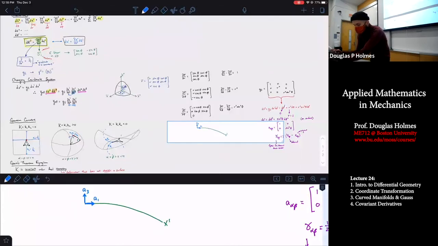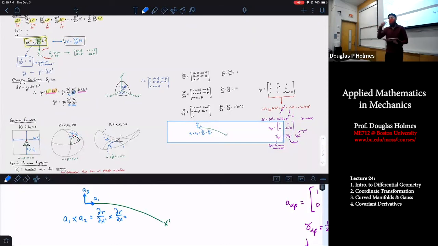And what we need to do to calculate the normal is to say, well, the normal should be proportional to the cross product between A1 and A2, which is the cross product between these two basis vectors, dr/dx1, dr/dx2. And to be fair, we want this normal vector to be a unit normal.